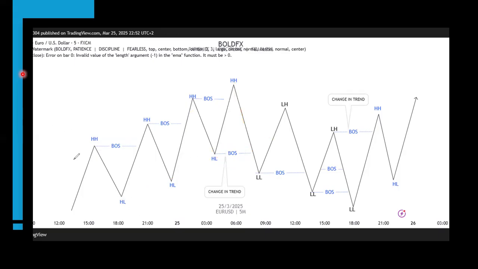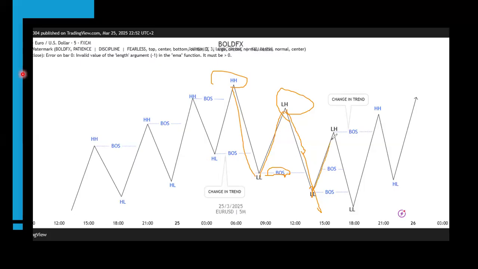Then right here, after this higher high, price forms a lower low, which is a bearish trend change. Followed by a lower high, price gives another break of structure, making this lower high your strong swing structure, right? It breaks structure, forming a lower low right there.